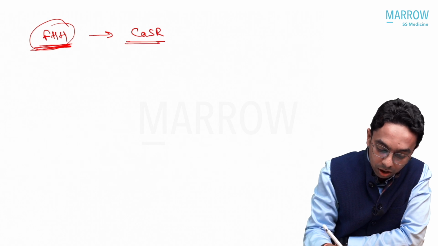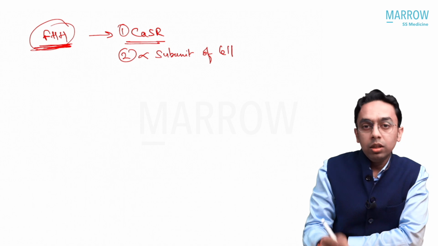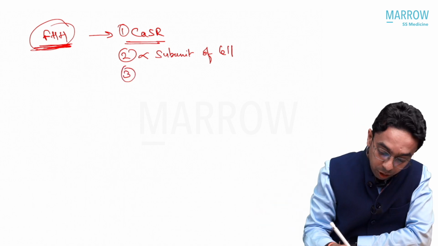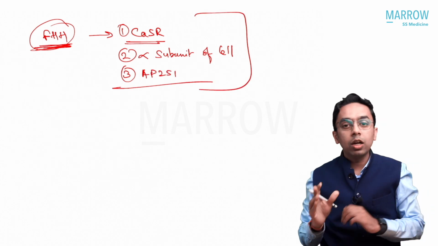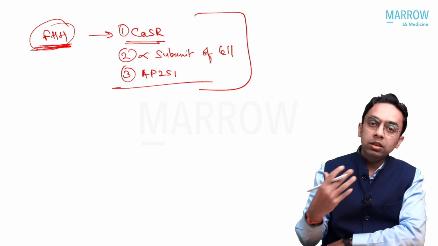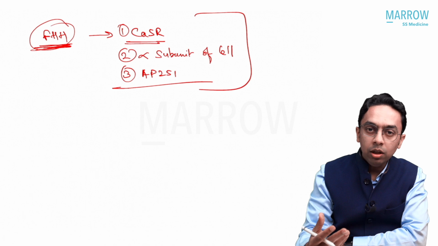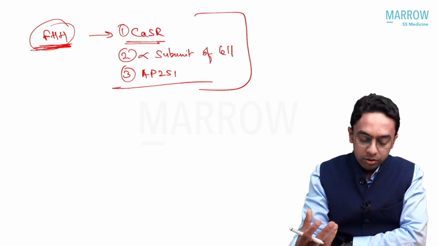Other than that, second is the alpha subunit of G11, something downstream of CASR, then adapter protein AP2S1. So all these gene defects can cause FHH. Since you have high calcium in the blood but low calcium in urine, these patients won't have renal calculi.